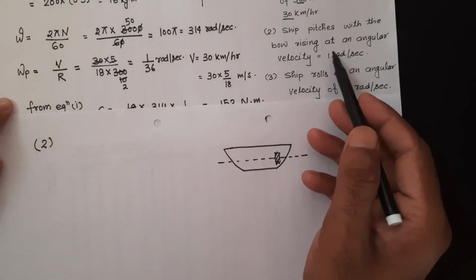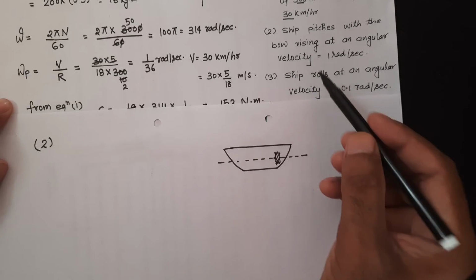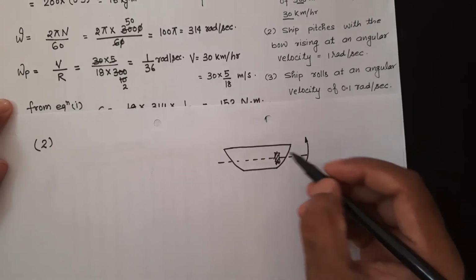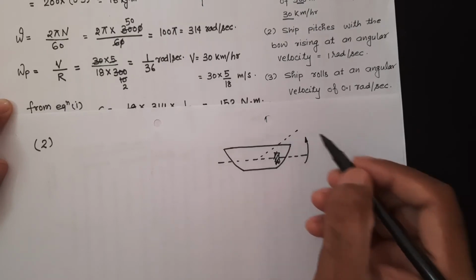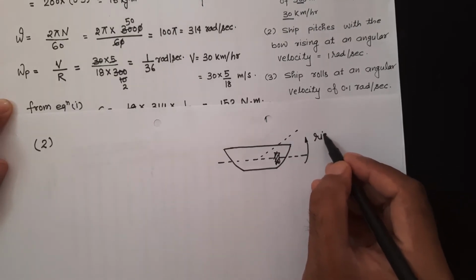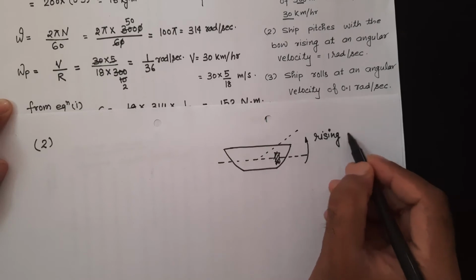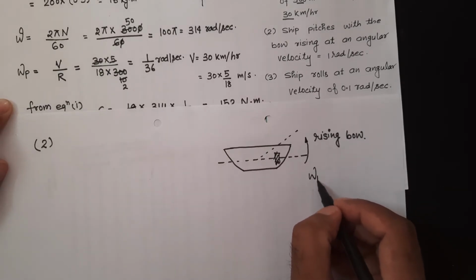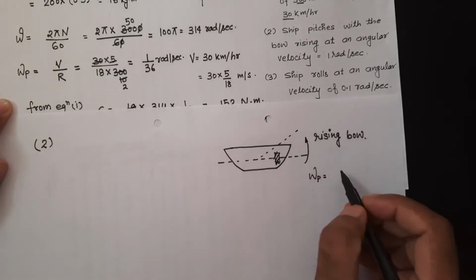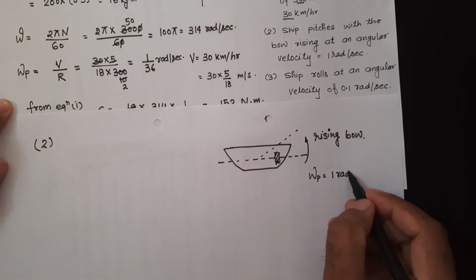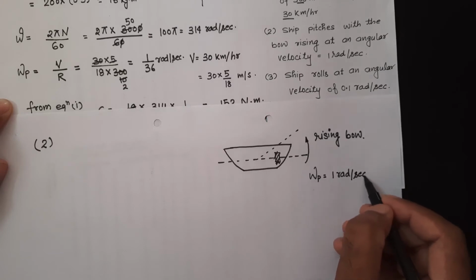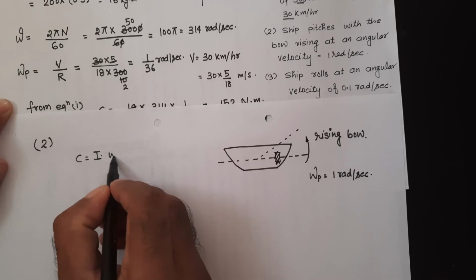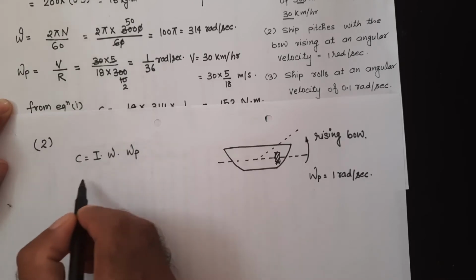Again, the velocity of precession is given. The bow rises, so first the front portion goes upside. So it is going up in this, and this is your rising bow, and the angular speed is given, omega p is 1 radian per second. So straightforward, we need not calculate omega p. So C will be I into omega p.